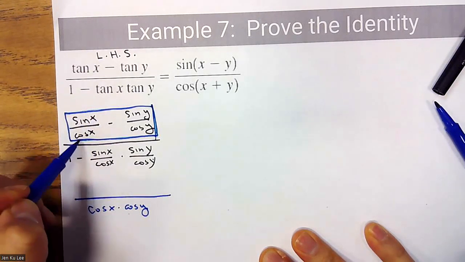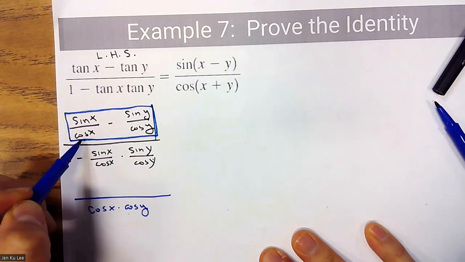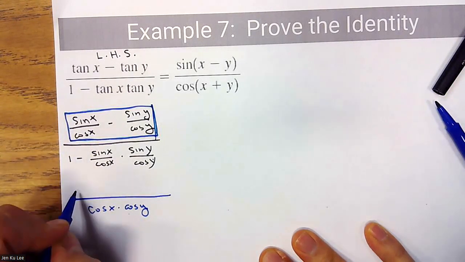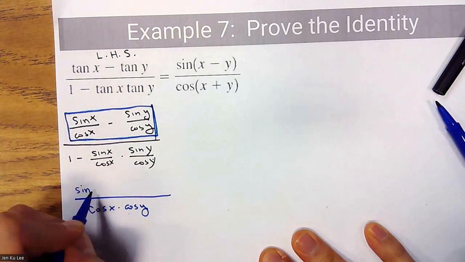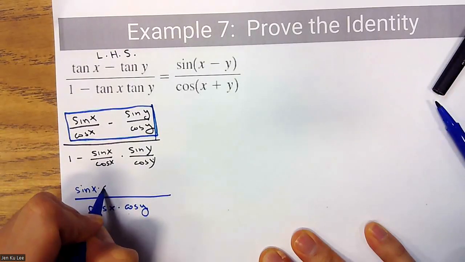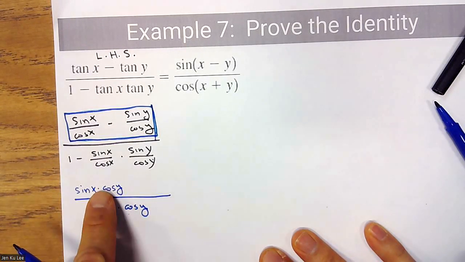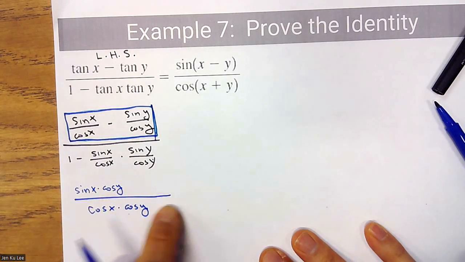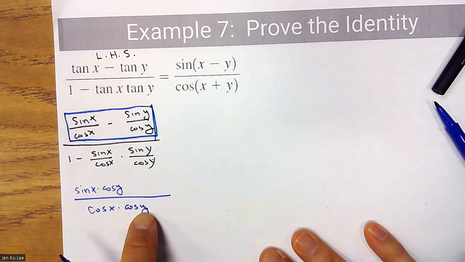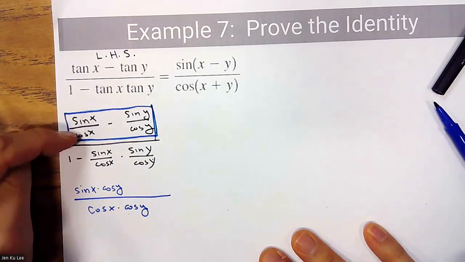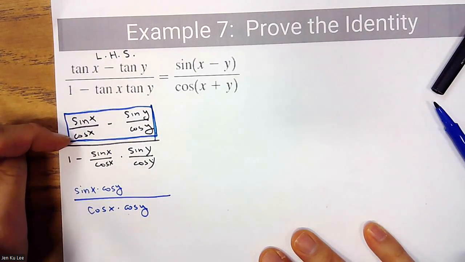Here in my first fraction, sine of x over cosine of x, I need a cosine of y, correct? So sine of x times cosine of y over cosine of x times cosine of y is equal to this first fraction.